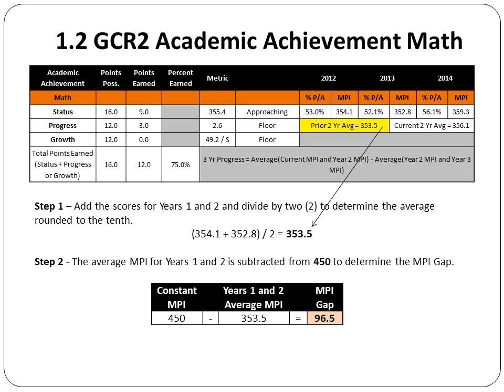At the bottom of your screen, you can see the MPI gap at 96.5. The question is, how do we get that? The number in yellow up top, under 2012 and 13, is a 2-year average of year 1 and year 2. We take that number and we subtract it from a constant MPI, our Math Performance Index, of 450 points. This determines what we call a gap.